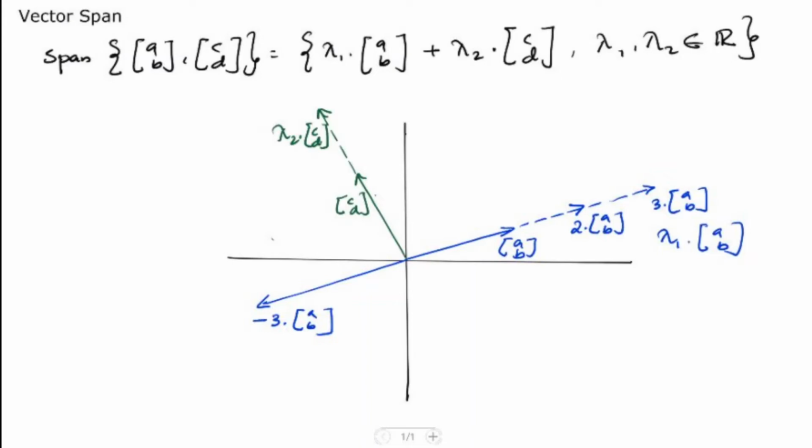Now, if you draw a parallelogram out of this, let's say from the end of vector AB, we will draw a line parallel to CD. So here, let's draw a line parallel to CD. And from the end of CD, we'll draw a line parallel to AB.